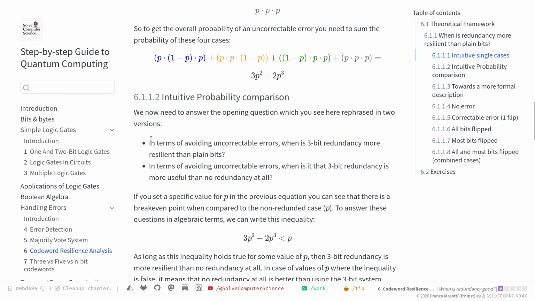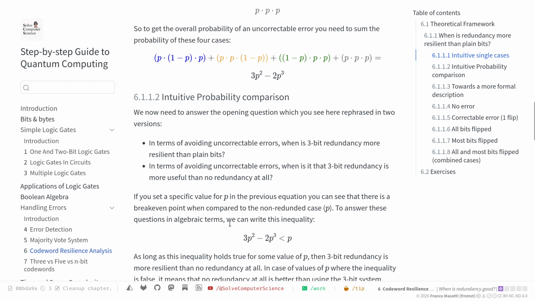So our task now is to answer this question, which can be phrased in two different ways. In terms of avoiding uncorrectable errors, when is the 3-bit redundancy more resilient than plain bits? Or you can also say it as, in terms of avoiding uncorrectable errors, when is 3-bit redundancy more useful than no redundancy at all?